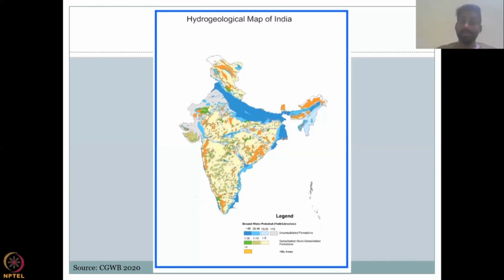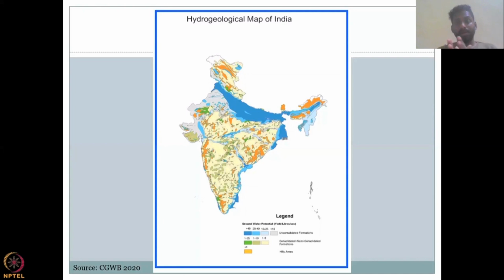Moving on, but that is not the major in terms of area. It is not the major aquifers in India. What is the major is the yellow-green color, which is in the central parts of India, and that correlates to the consolidated or semi-consolidated formations, which means it is either arranged in a particular matrix, the soil and the solid particles, or it is semi-arranged.